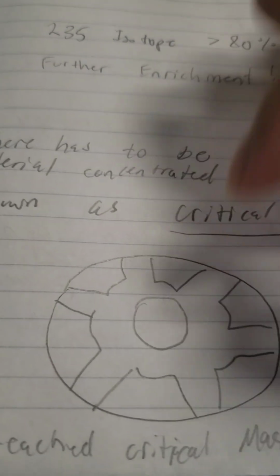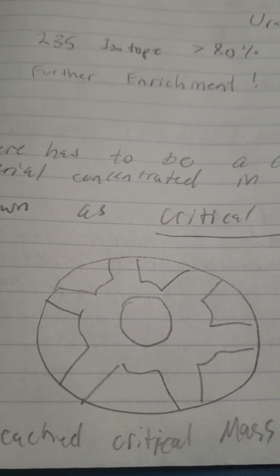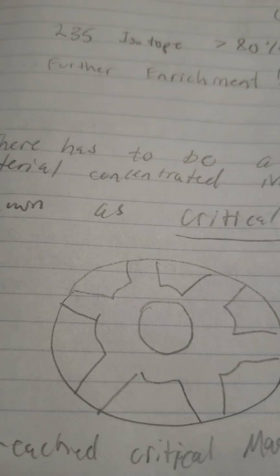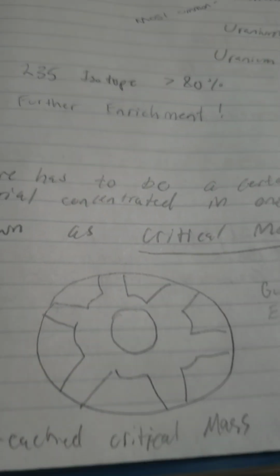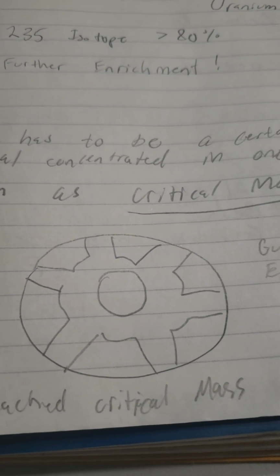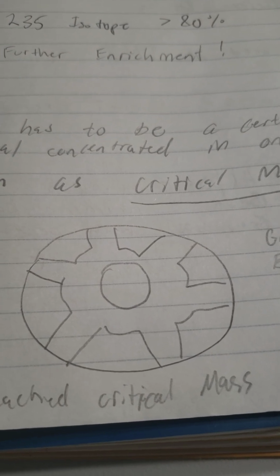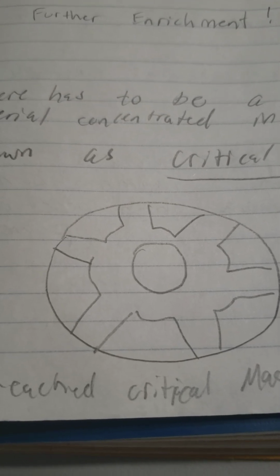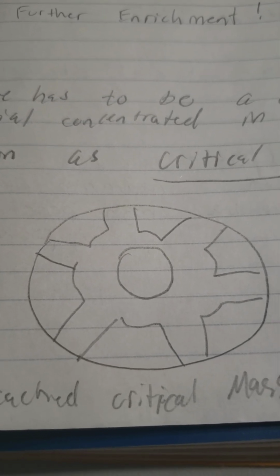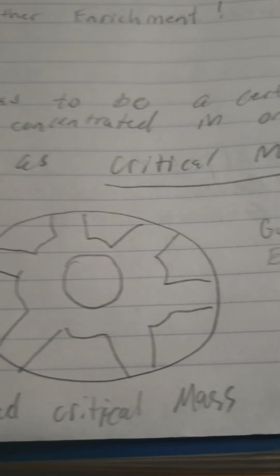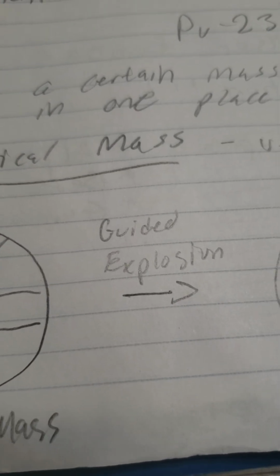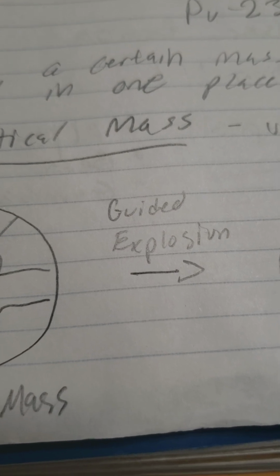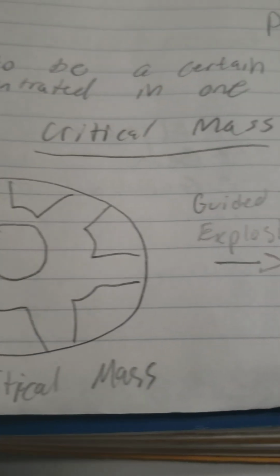In the center are the different critical masses on the sides of the ball. This concept is also known as implosion. So in the first stage, you have an unreached critical mass, and then you perform a guided explosion, which could be as simple as an explosion from the outside of the ball.